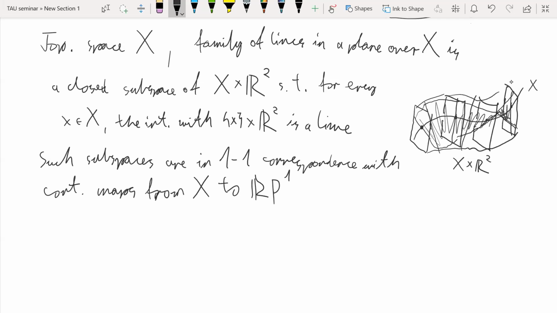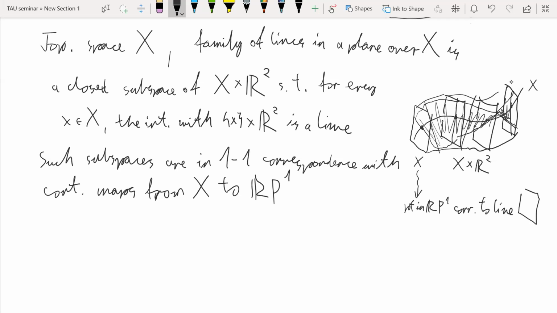Because if we have any subspace like this, then we can map each point x here to the point in RP1 corresponding to this line.